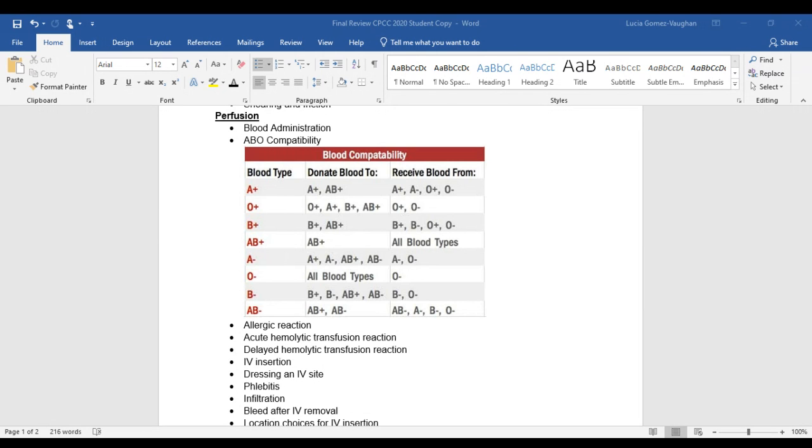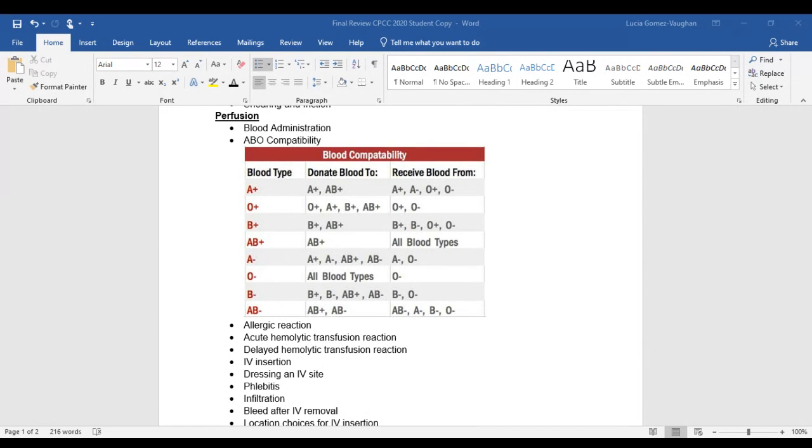Acute hemolytic reaction is the rapid destruction of red blood cells that occurs immediately after or within 24 hours of the transfusion when a patient is given incompatible blood. The recipient's body immediately begins to destroy the donated red blood cells, resulting in fever, pain, and sometimes severe complications such as kidney failure.